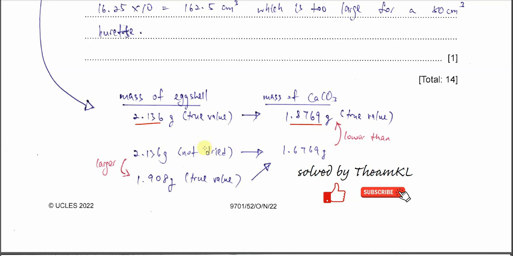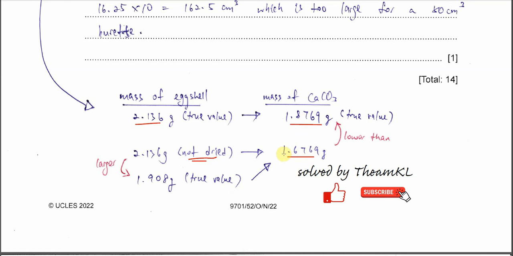If, let's say, it's not dried and we take the same mass, 2.136 gram, because inside this mass it has more water, therefore the mass of the calcium carbonate would be lower.